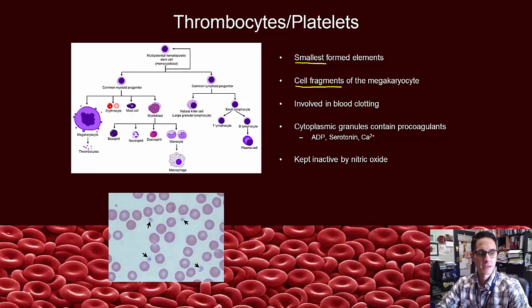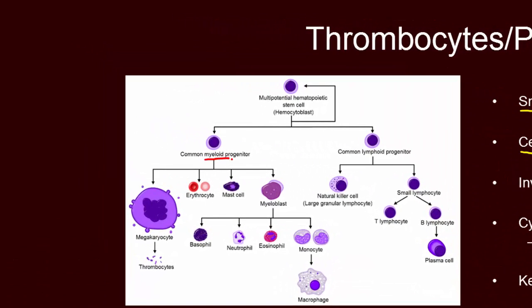So they are cell fragments from a gigantic cell called a megakaryocyte. Okay, so the megakaryocyte is part of the myeloid cell line. Okay, and the myeloid cell line gives us our red cells and many of our different white blood cells.